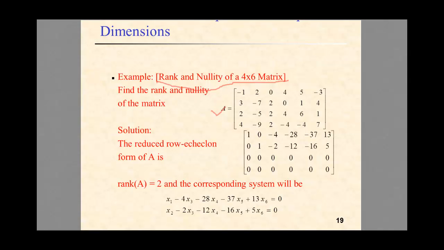When we reduce it, the first row starts with 1, the second row has 1 in the second element, and the third row and the fourth row are all 0.